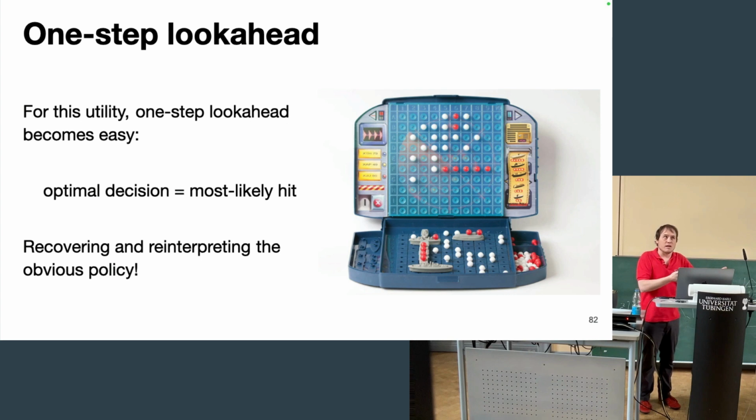And now, if we choose that utility function, then computing the one-step look-ahead expected improvement in that utility gives rise to this obvious policy of finding the point with the highest probability of success. And so now we've got a nice interpretation of this obvious policy. But also a downside of this policy is that it's only looking one experiment ahead.